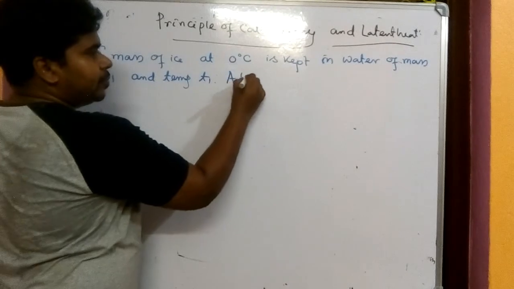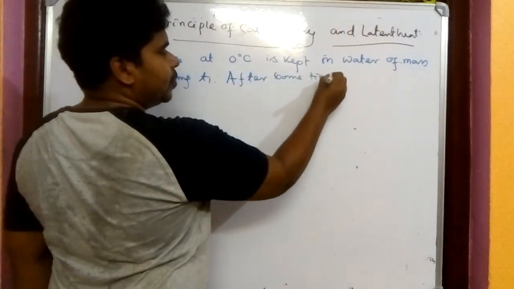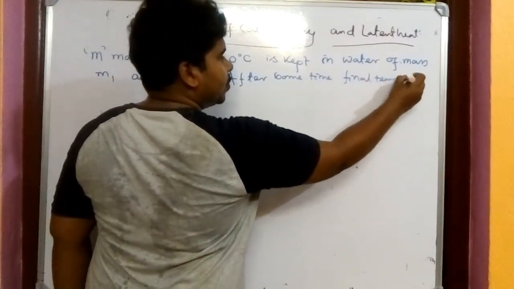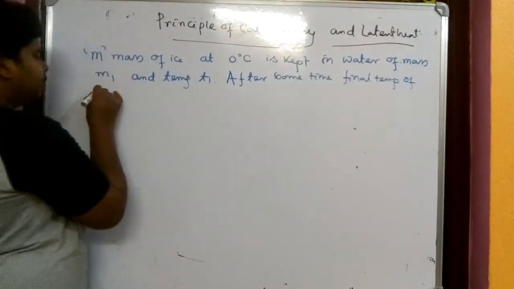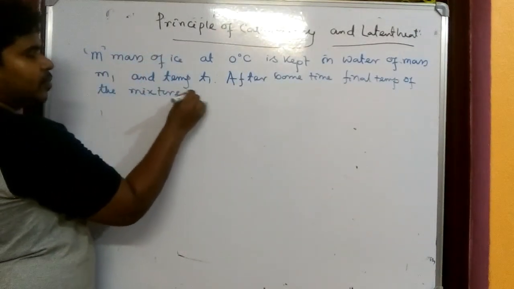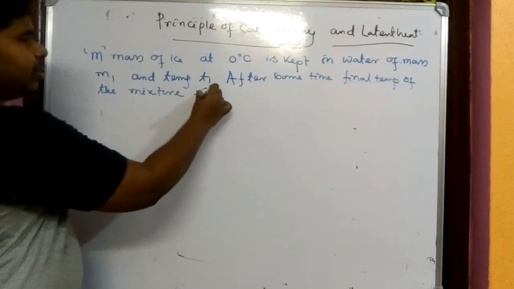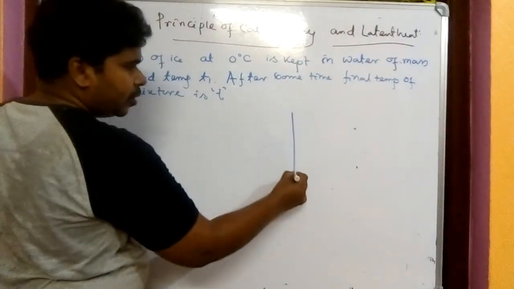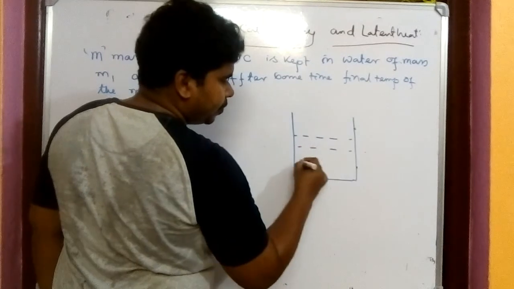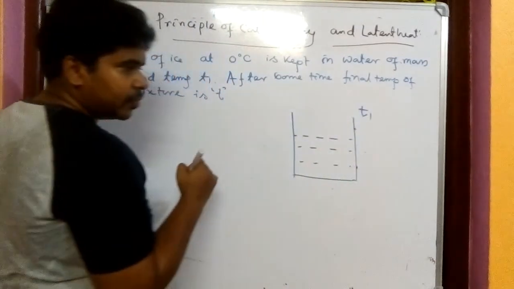After some time, the final temperature of the mixture is T. Okay. So simple thing, assume there is a container, here you have kept water. What is the temperature of the water? That is T1. Okay.